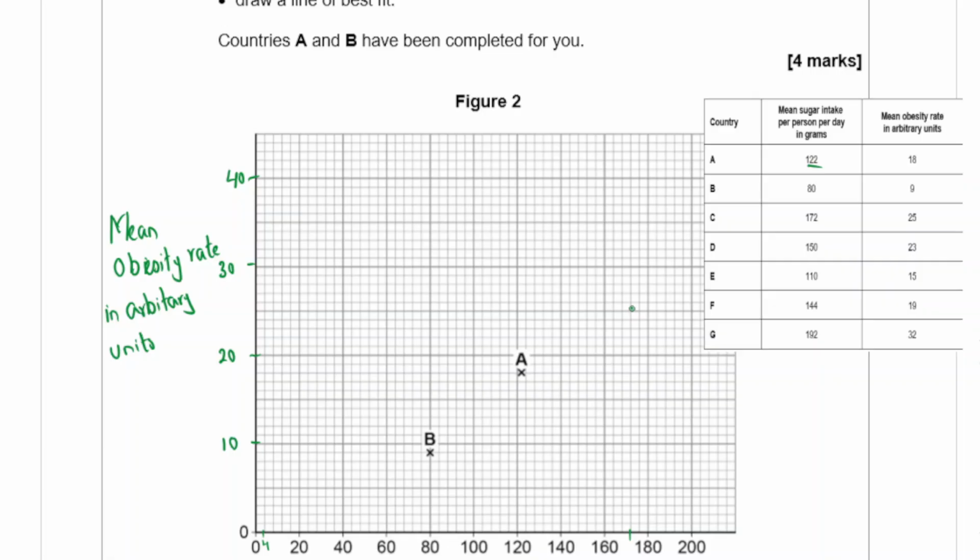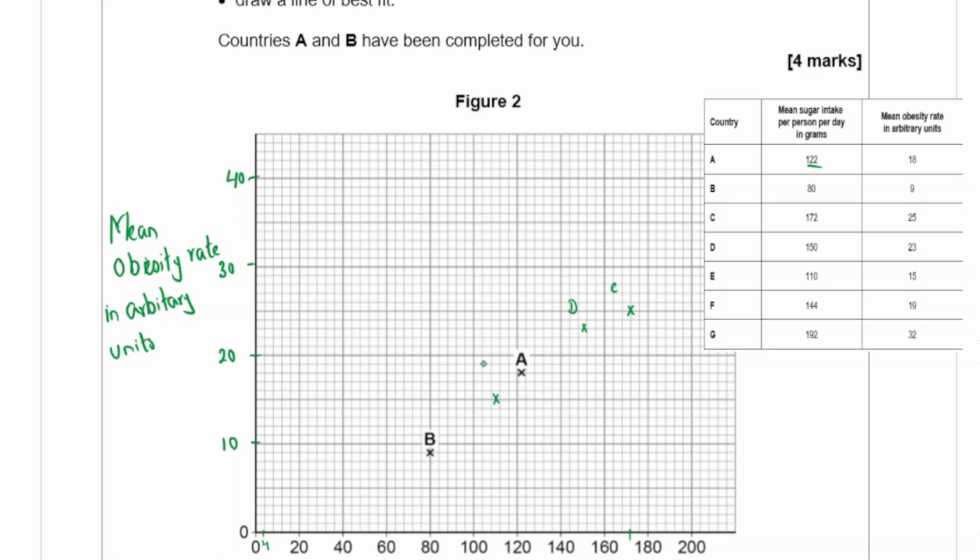So that's C. D is 150, and 23. D, sorry. D is 110, in between 100 and 120, and it'll be 15.